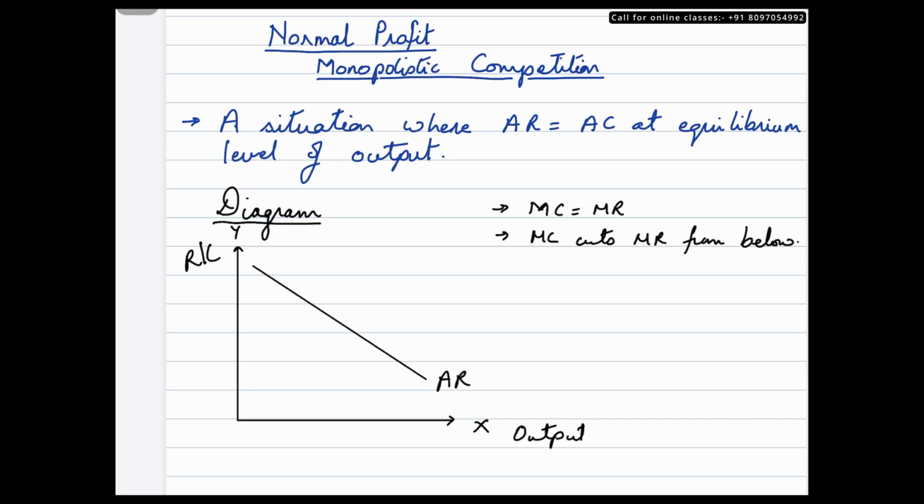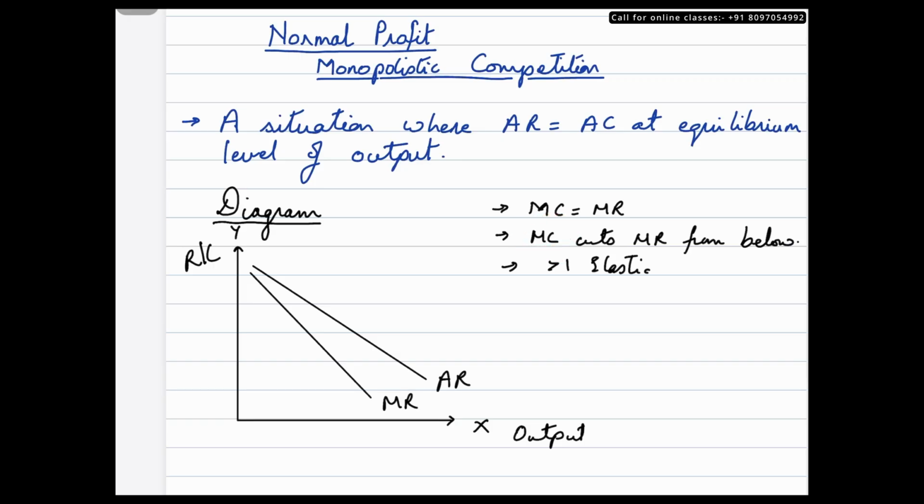Now the slope of the average revenue curve is a little flatter because there are substitutes, that means the demand for goods and services in this market is going to be greater than 1, that means elastic. Now if AR is falling, we know that marginal revenue would fall at a rate faster than AR. So let us say this is the marginal revenue curve. Now we need to bring the marginal cost curve into the picture.